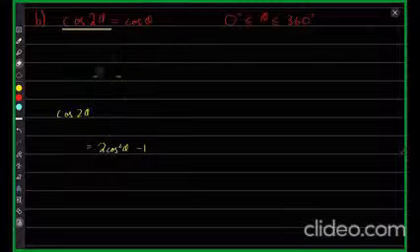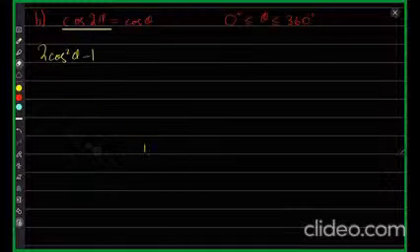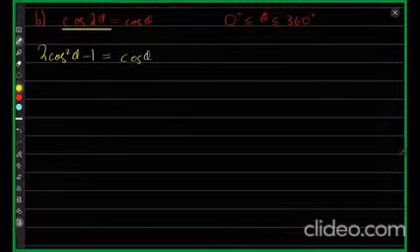I can use this idea and I can say that cos 2 theta is equal to 2 cos square theta minus 1, and this is equal to cos theta. Now I can say that technically both the functions are same. So I am in the position to simplify it.